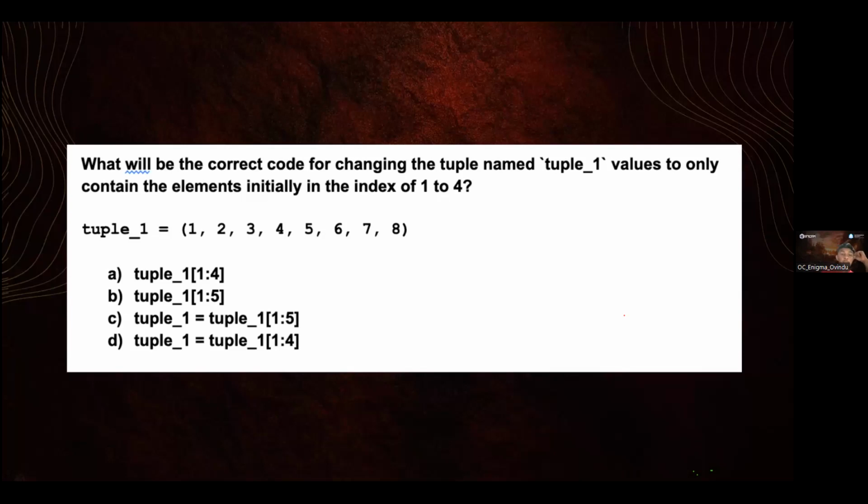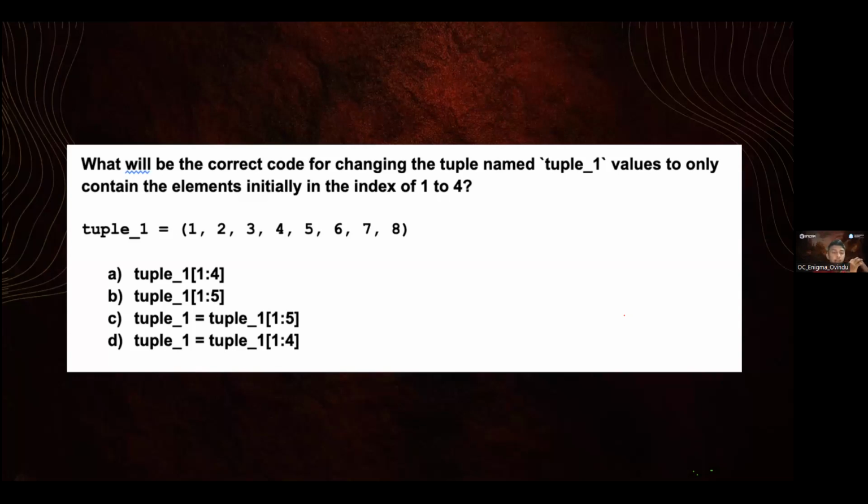So the question is, what will be the correct code for changing the tuple, name tuple 1, to only contain elements initially in the index of 1 to 4? I think we can first immediately eliminate answer A and B, because we are not creating a new tuple. As you know, tuples are immutable, and just by accessing the tuple like in answer A and B, you will not create a new tuple, and this line would be just a waste of code.